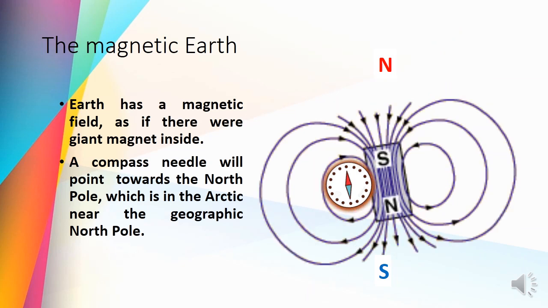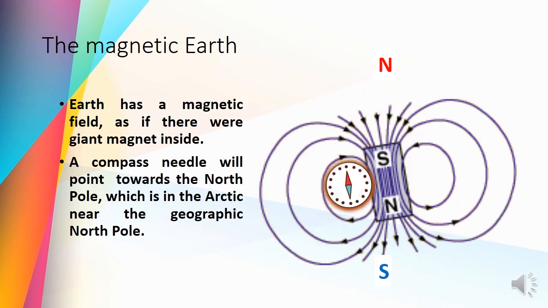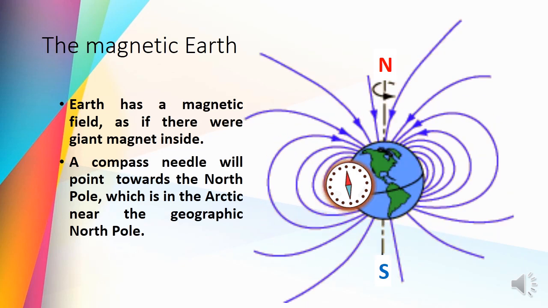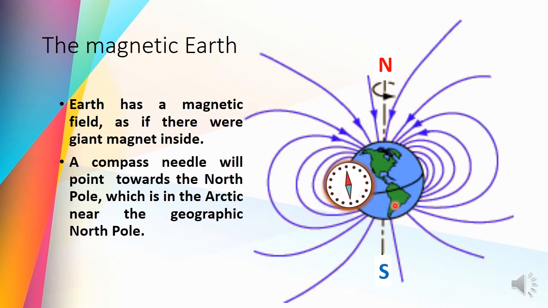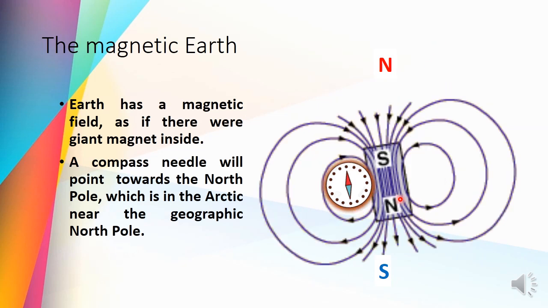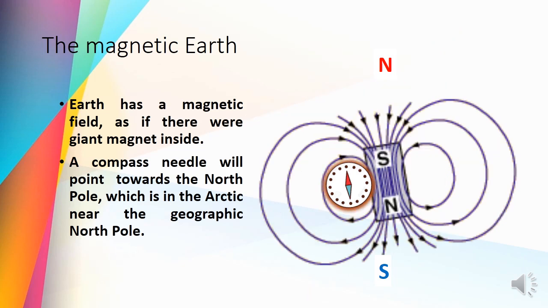Okay? And now you know that the magnetic field lines outside of a permanent magnet always run from the north magnetic pole towards the south magnetic pole. So we can see these lines going out of the north magnetic pole towards the south magnetic pole of the Earth.